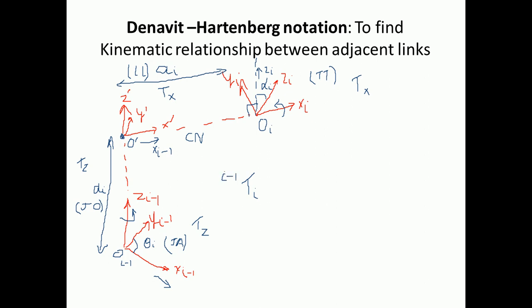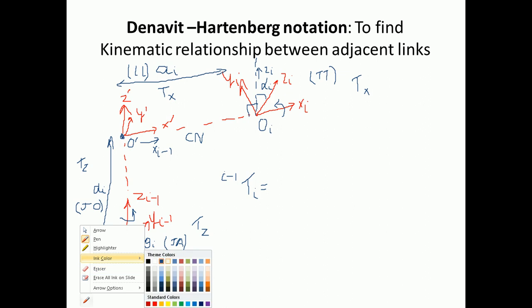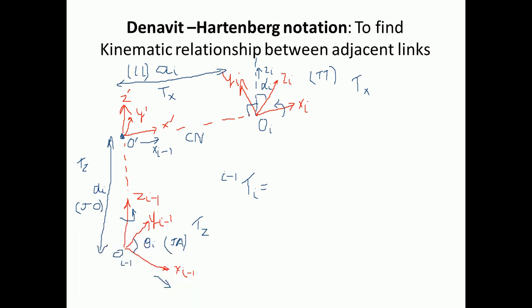Okay, so the steps which we followed: the first step is that we do translation in z axis from origin i minus 1 to O dash, and we do translation about z axis, and the parameter is represented by di, which is called as joint offset.